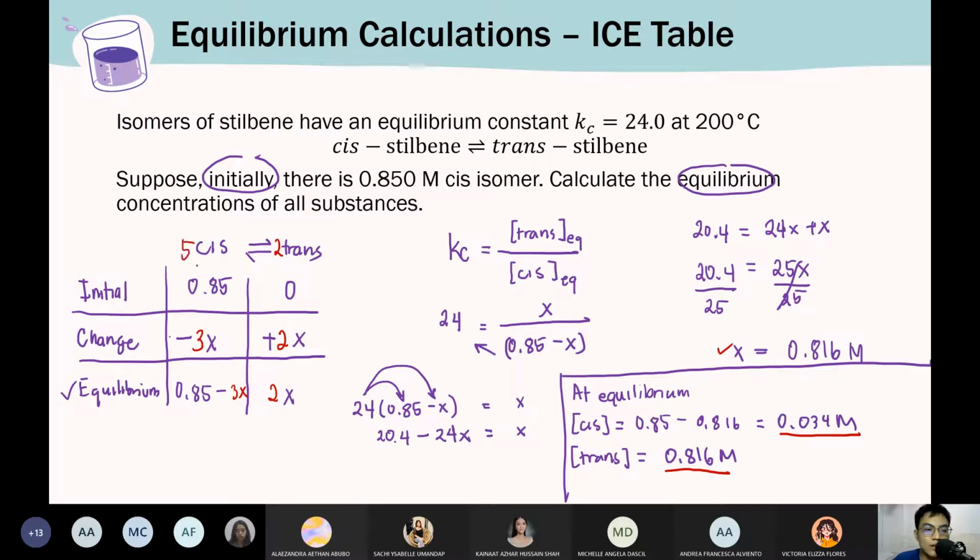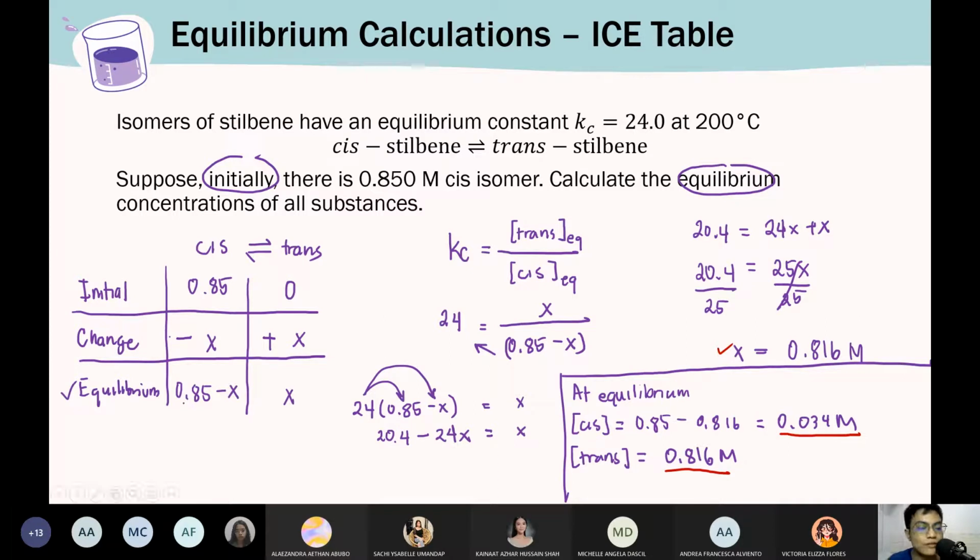Okay? So kapag may coefficient, it will get reflected to the change and the equilibrium. Kunwari, this is 5, edi magre-reflect yun. Okay? And this is 4. Edi ganun, magre-reflect din. Okay? Tandaan nyo yan. Kasi may ganun yung next item. Okay? So, lucky for us, yung kanyang coefficient, 1 and 1 lang. So, wala naman tayo masyadong problem.